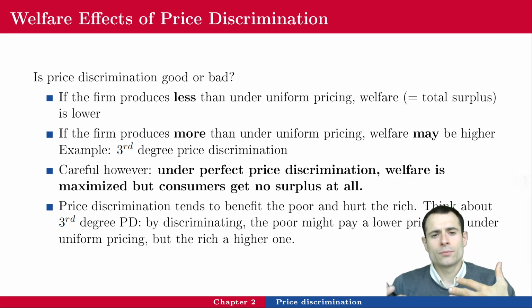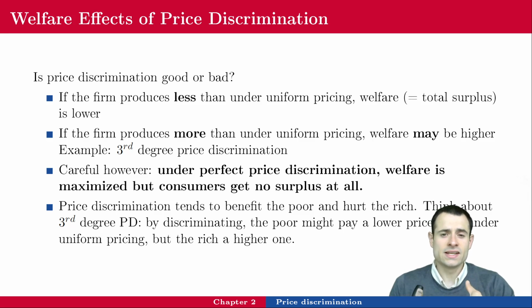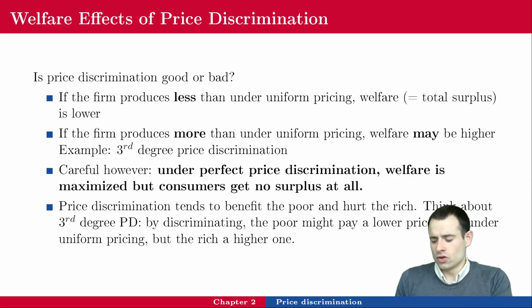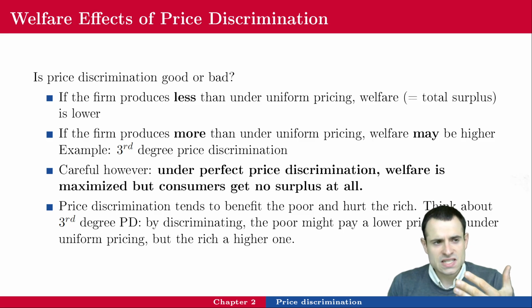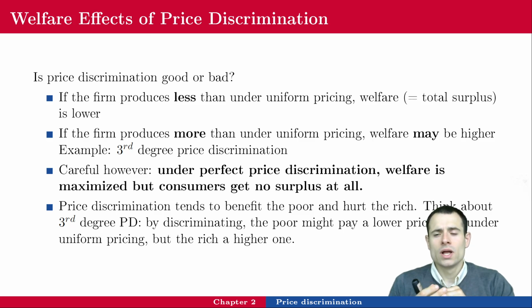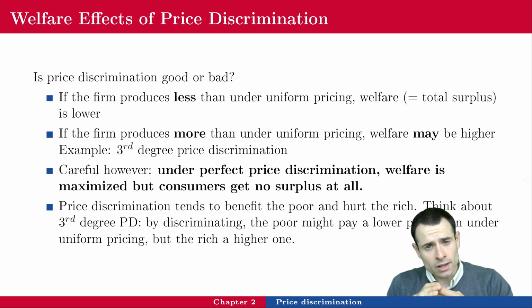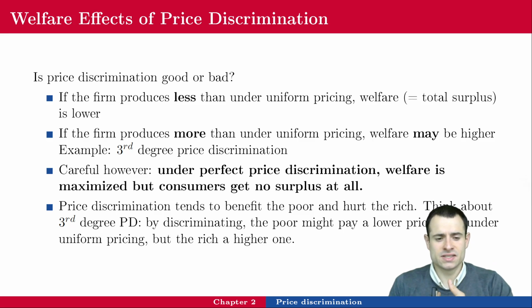In general, price discrimination tends to benefit the poor and hurt the rich. The idea is that when the firm can distinguish a demand group with a low willingness to pay or high price elasticity of demand, then it will charge a lower price to them, so they will be happier than under uniform pricing.